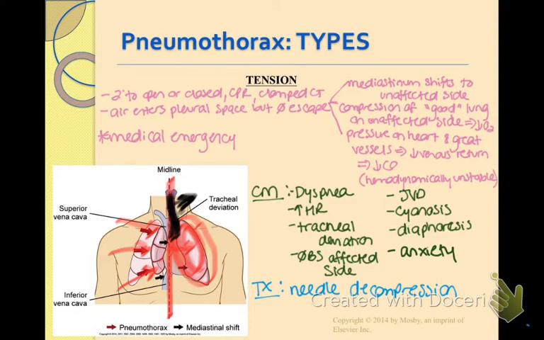Like I said, I highly recommend you Google it or YouTube it. There's tons of videos that show procedures, show it get done. But when you stick the needle into the pleural cavity, you'll hear this whoosh of air. And then typically you'll stabilize the needle until you can get a chest tube inserted.